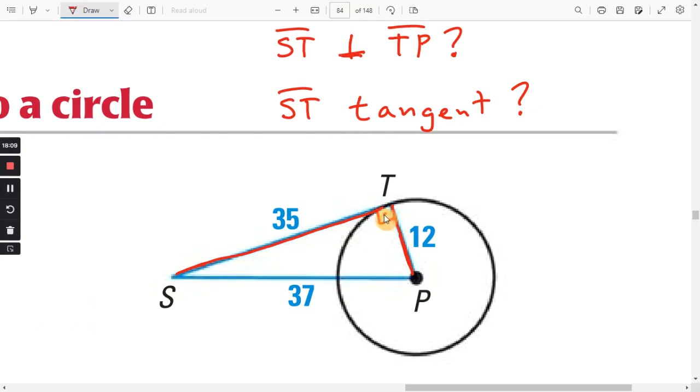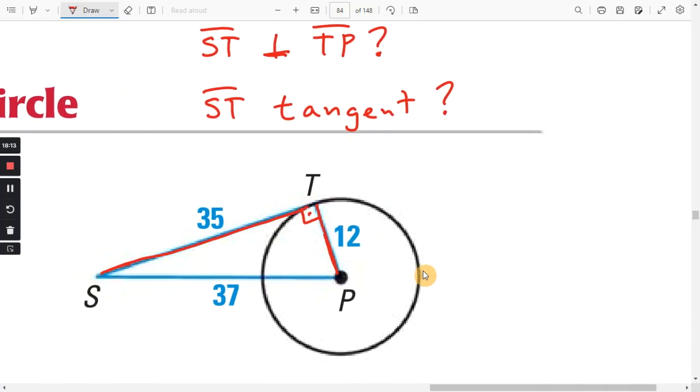So we want to prove that this is a right angle. Okay, so in other words, they are just asking, in this case, is A squared plus B squared equal to C squared? Okay, because that's the only way to prove this is a right triangle.